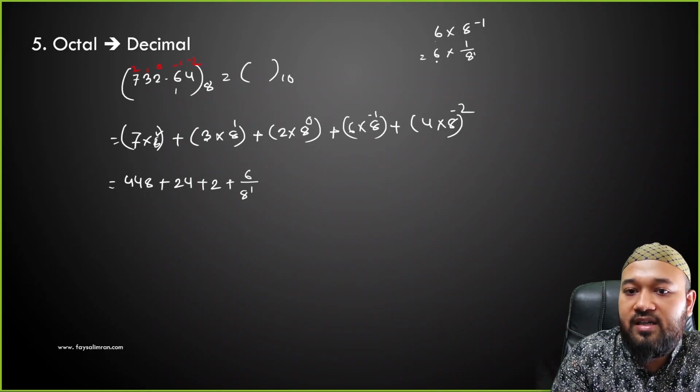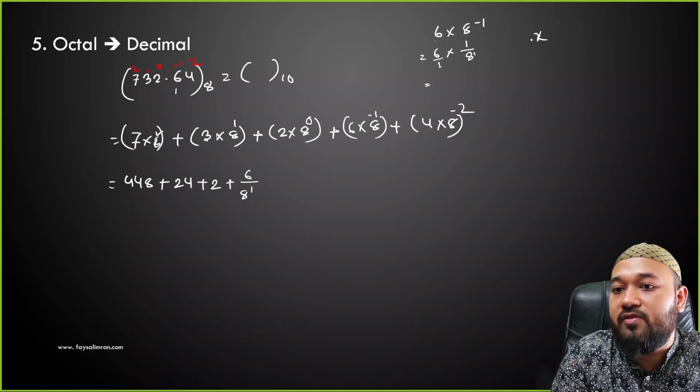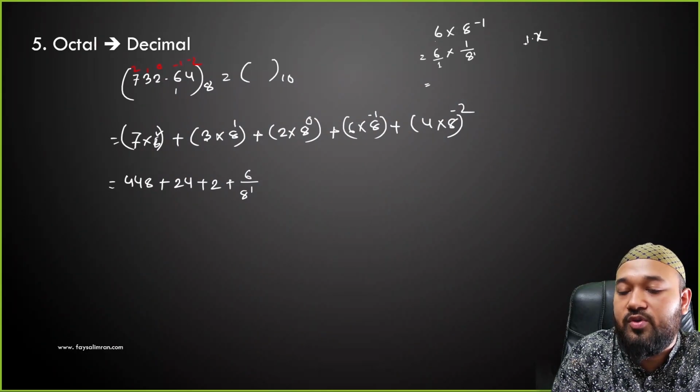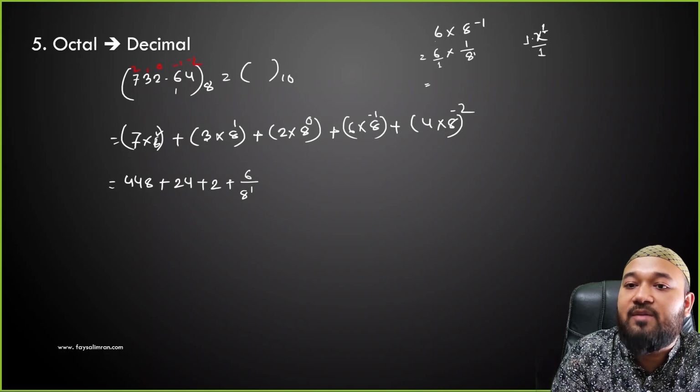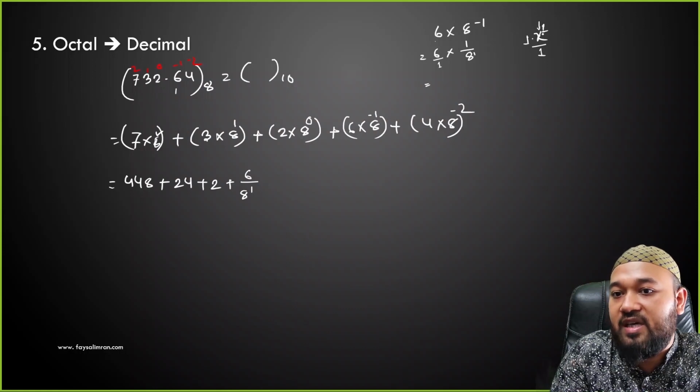The power is 1. We already know that 6 has the value 1 at the bottom of this, because this is invisible. A digit contains 3 kinds of invisible value. One of them is 1, which is multiplied by the digit, and one of them is 1, which is divided by the digit, and one of them is their power, which is actually always with the digit, but this 1 is invisible.